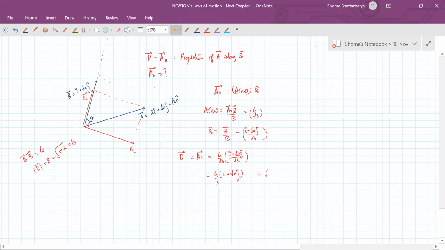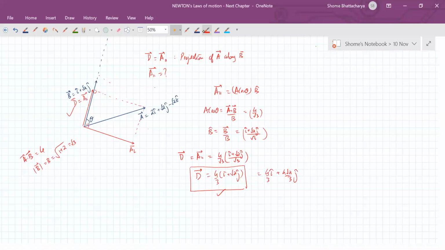Or you can express this also as 4 by 3 I cap plus 4 root 2 by 3 j cap. Both the ways of expressing are fine, there's no problem with it, but this is the vector in component form. Okay, and you can see this is the geometrical meaning of it, this only is the vector D in the diagram.